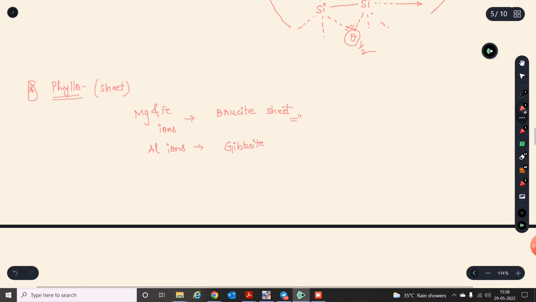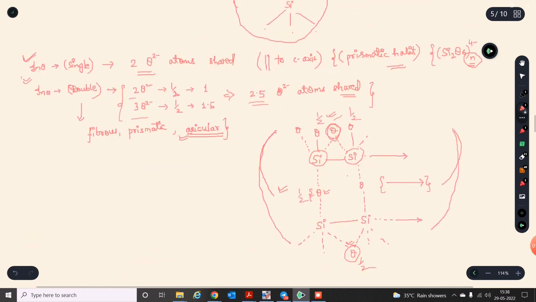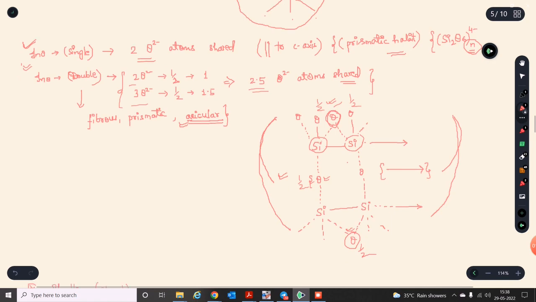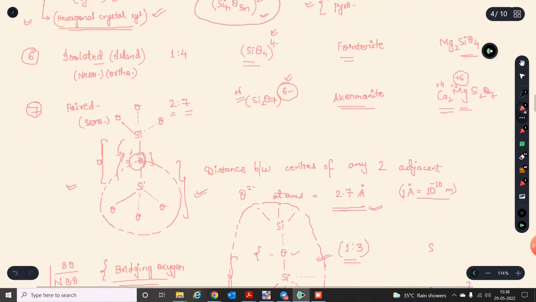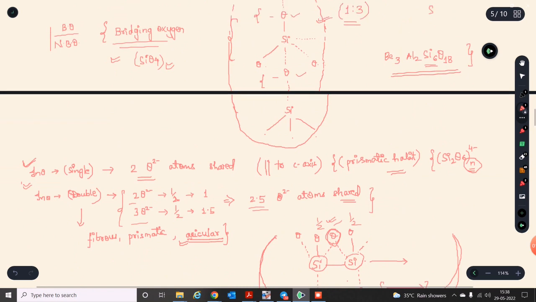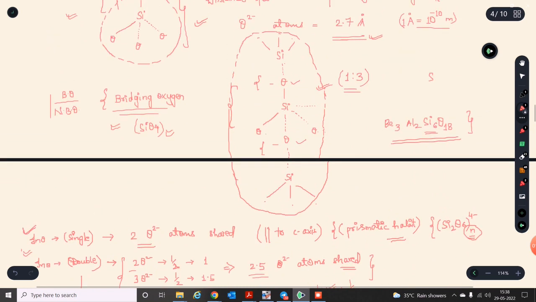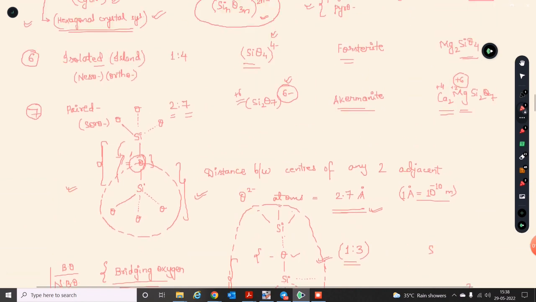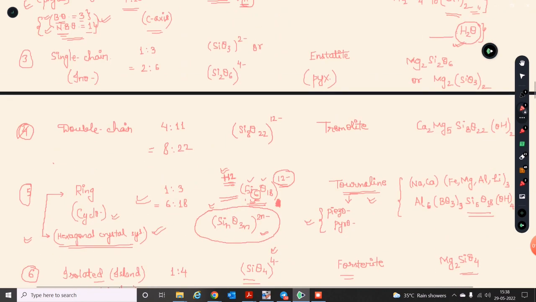I don't know if a question will come on this or not, but if a question does come on this, believe me, very few people will be able to answer it. So this is an important point. Also, in terms of shared oxygen atoms for each structure, not everyone has the basic concept. I've drawn the structures here to let you imagine them so that you can get the questions right. Not many people have the basics of this.